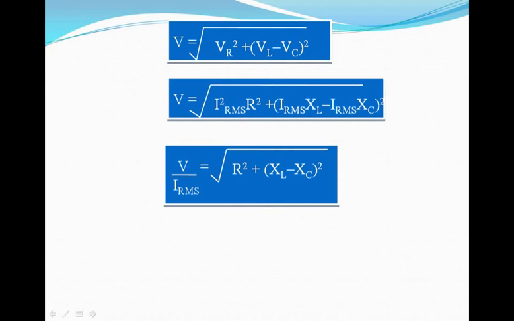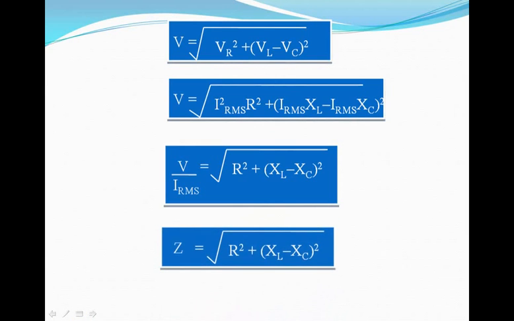Just as resistance represents the resistance to the flow of electrons in an ordinary, only resistance circuit, impedance represents the same resistance to the flow of electrons in a circuit containing R, L and C. Understood? It's the impedance to the path of the current. So Z is square root of R square plus XL minus XC whole square. Of course, you have to remember this expression for Z.